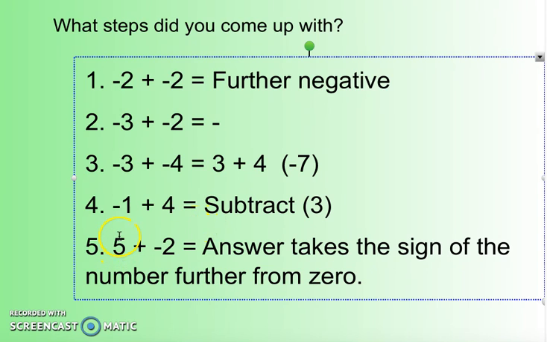So, for instance, 5 is 5 spaces from 0. -2 is only 2 spaces from 0. So my answer is going to be a positive number, because this 5 is further from 0 and it's positive. So I know from the observation up here that I need to subtract the numbers. 5 minus 2 is 3. And then it's going to take the sign of the positive.